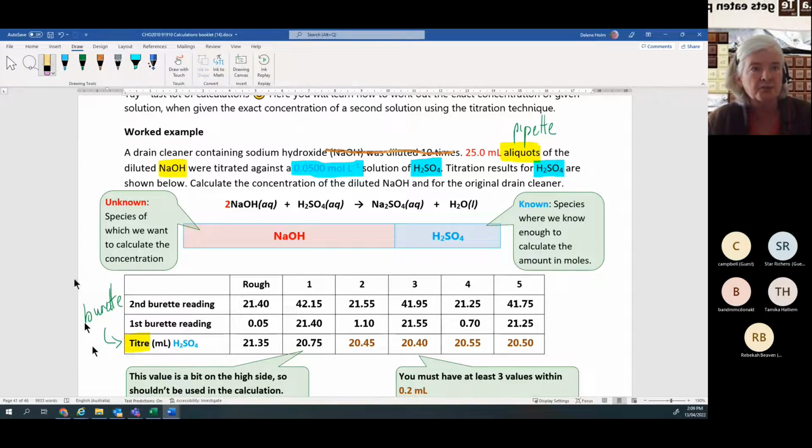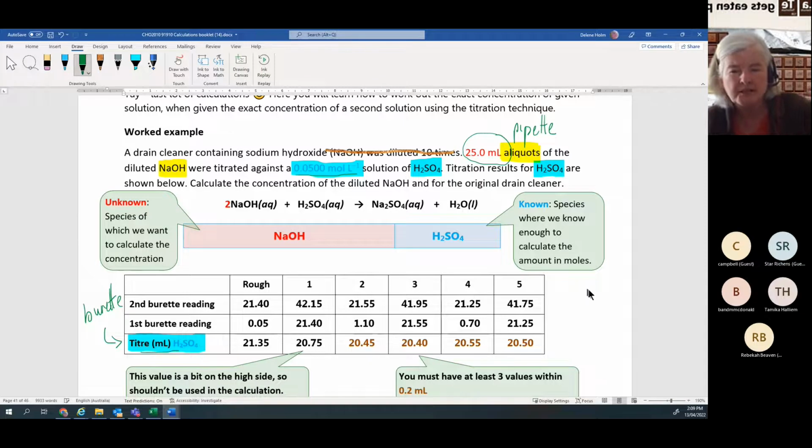So let me just rub off this yellow and turn it into blue. So basically we can say all I know about sodium hydroxide is this volume. I know nothing else. For sulfuric acid, I know 2 things. I know this value and I know that value.